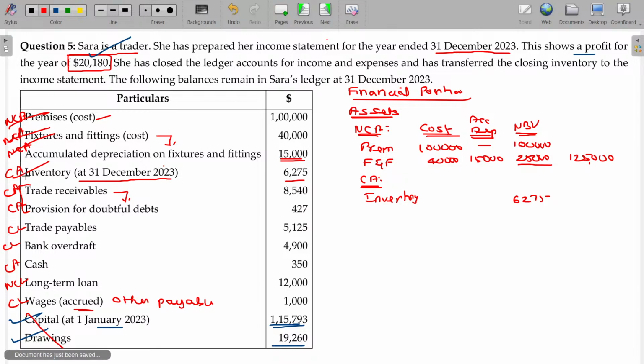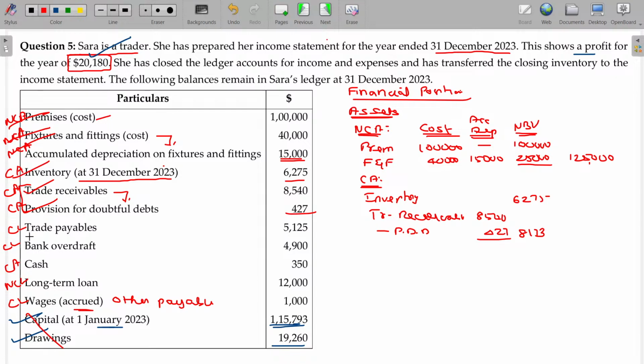And trade receivable, where you have to subtract the provision for doubtful debts. Trade receivable value being 8,540, minus provision for doubtful debts to be subtracted from here, which is 427. Net of that being 8,113.